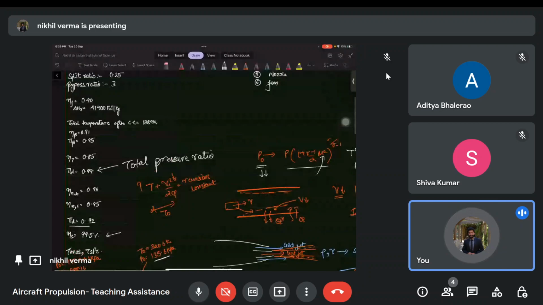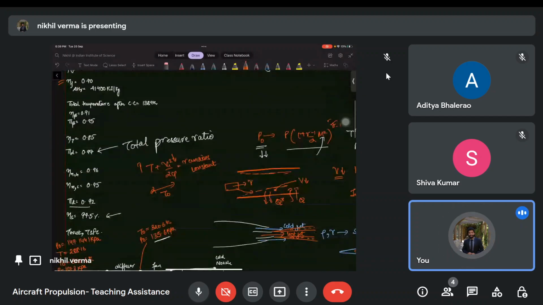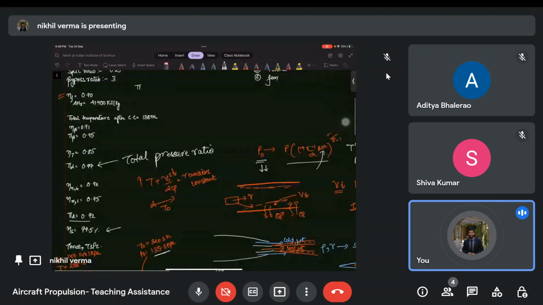It is given that the efficiency of the fan is given, and also the pressure ratio of the fan is given, which is 1.6305.